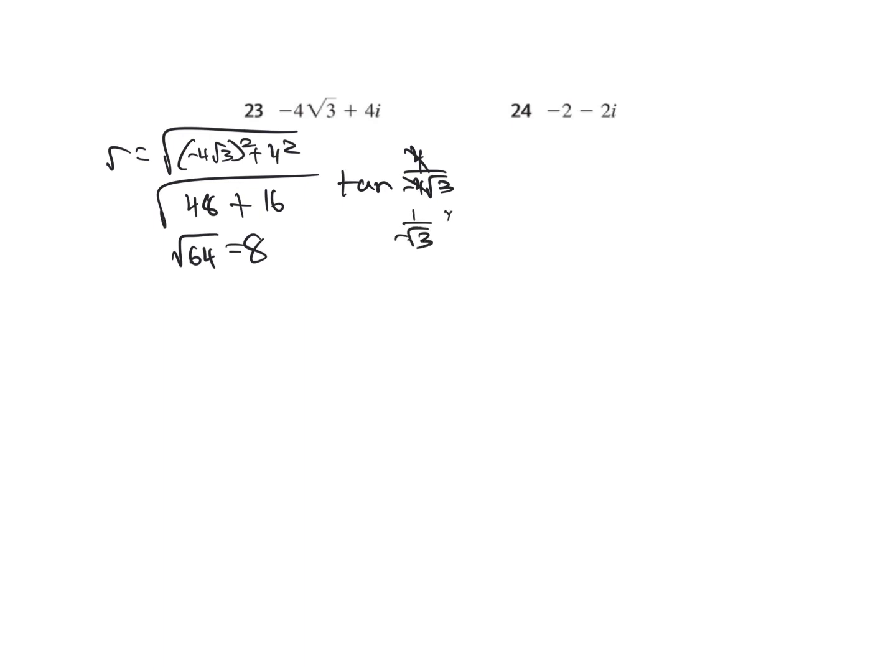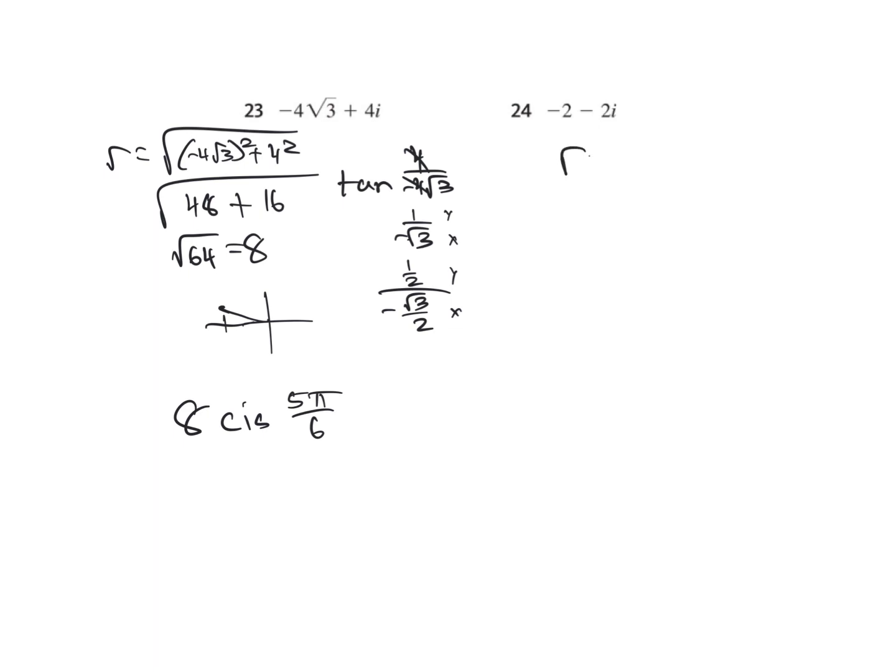So y and x. So you are in the second quadrant. So again, that's 1/2 over negative square root of 3 over 2. So where are we? Long leg, short leg. So that's 5 pi over 6. So 8 cis 5 pi over 6.